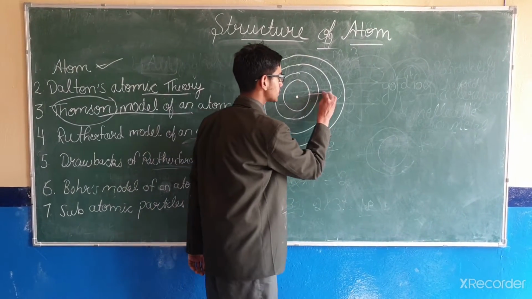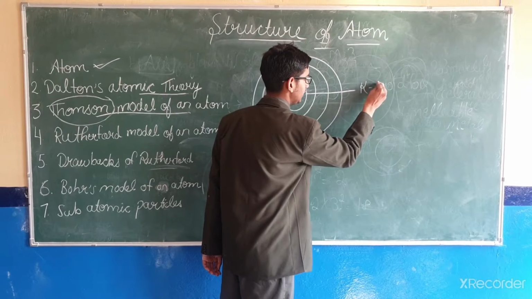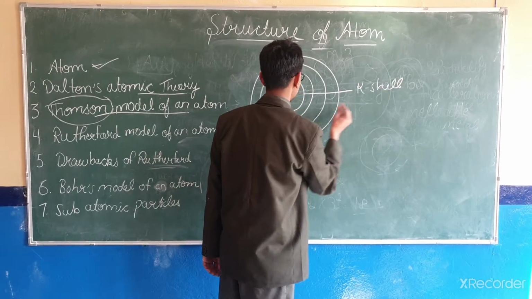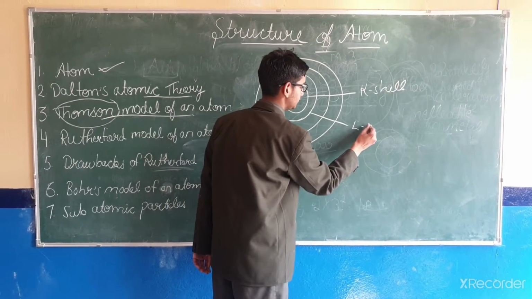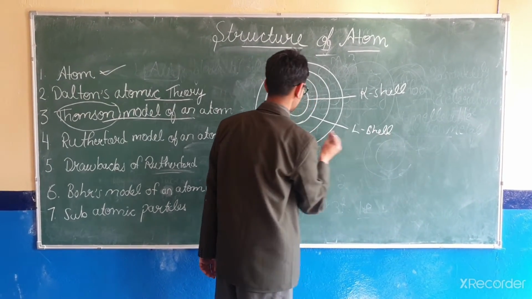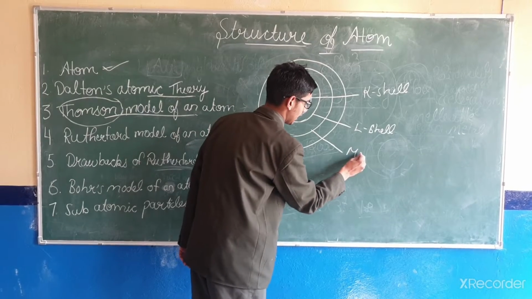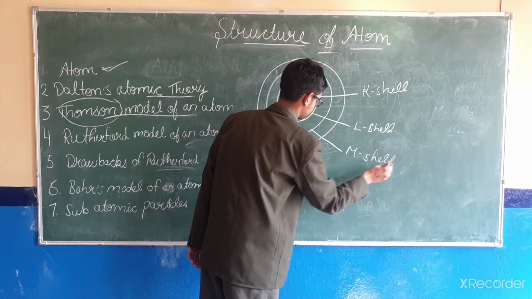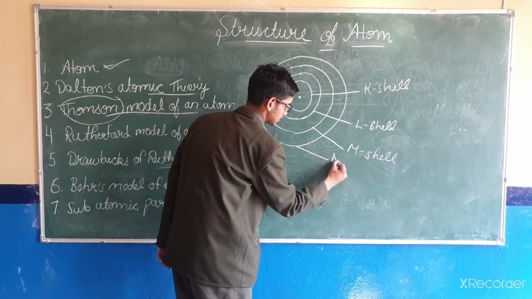The name of first orbit or shell is K shell, second L shell, third M shell, last is N shell.